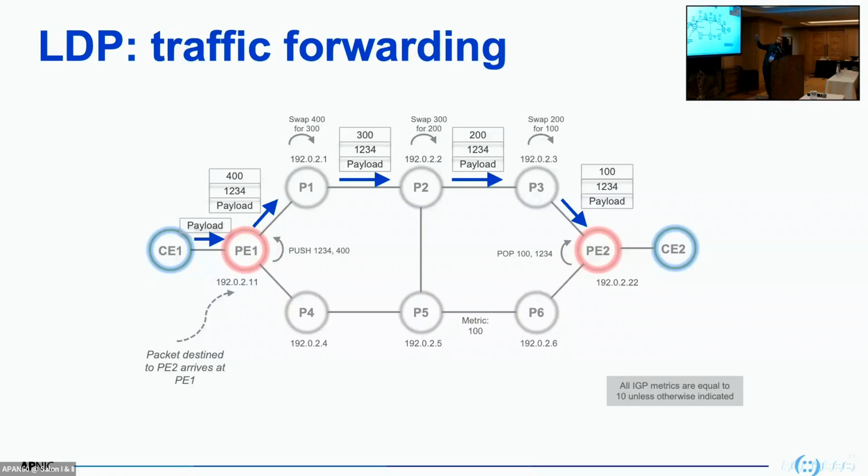And then there is some more concept of how we can optimize it, because there is something called PHP, or penultimate hop popping. It will come soon. But this is basically how it works. And there can be other services, so more labels can be in this stack. Every label takes 4 bytes of space. So the more labels you have, the smaller the payload size becomes, because your IP packet size is fixed.